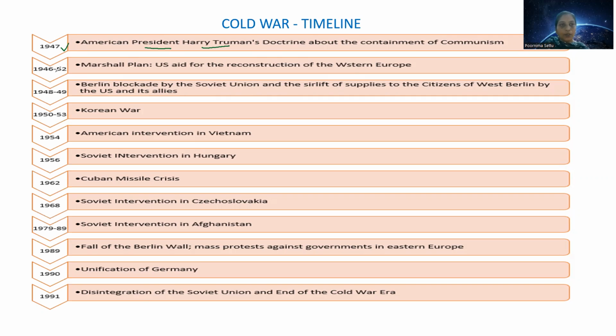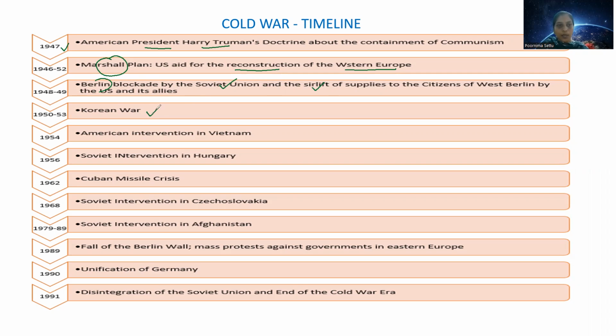Next, from 1946 to 1952, the Marshall Plan was implemented to aid the reconstruction of Western Europe. From 1948 to 1949, there was a blockade of Berlin by the Soviet Union and an airlift of supplies to the citizens of Western Berlin by the US and its allies.